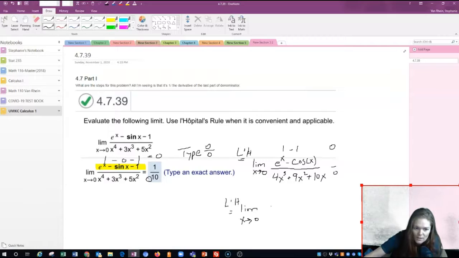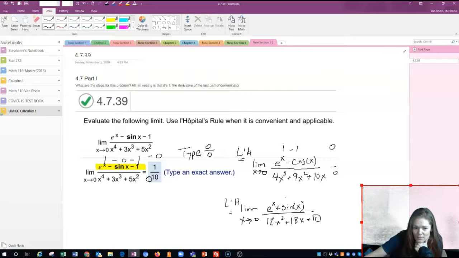I'm left with the derivative of e to the x minus the derivative of cosine. The derivative of cosine is minus sine, so this would be e to the x plus sine of x all over then the derivative, which would be 12x squared plus 18x plus 10.